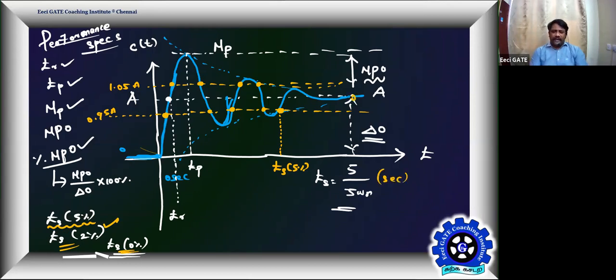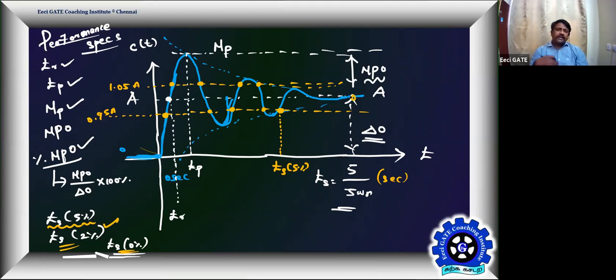So all these performance specs we are going to calculate, we are going to deduce in the next session. Based on these, the performance of a second order underdamped system will be defined. There are problems based on many parameters of these performance specs.